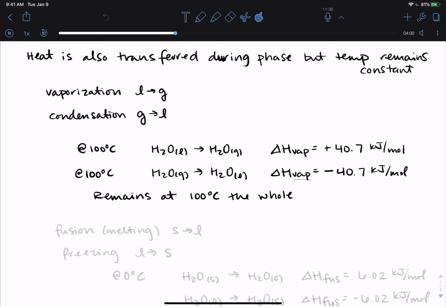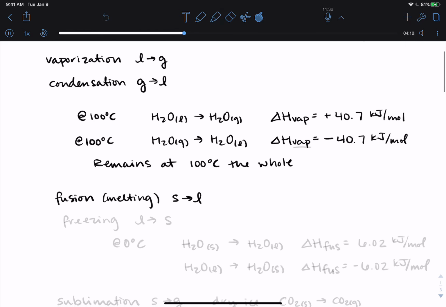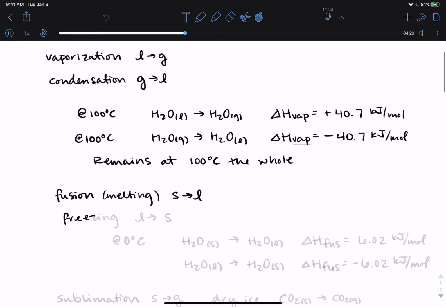So this is one set of phase changes. For water, the other one that we care about, even though the name is going to feel a little bit weird and wrong, is fusion, which means melting. So this is melting, solid to a liquid, compared to freezing, which is a liquid to a solid.